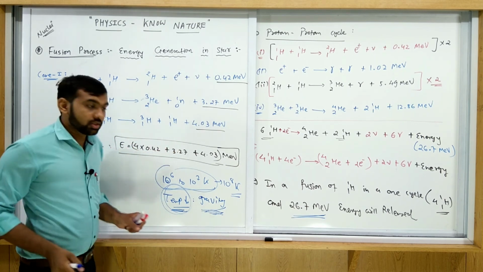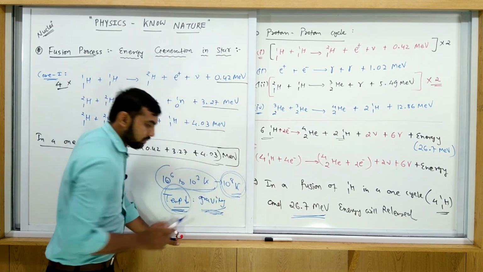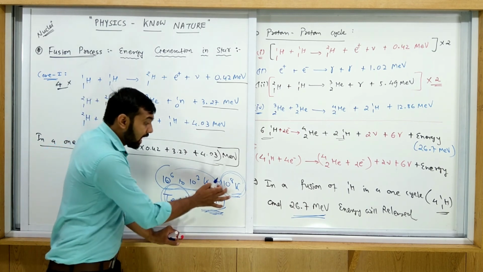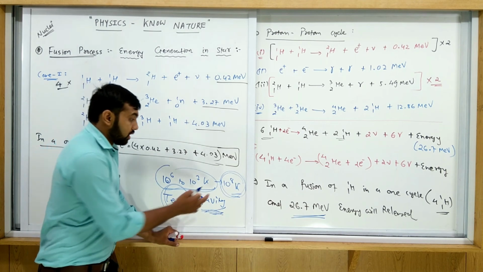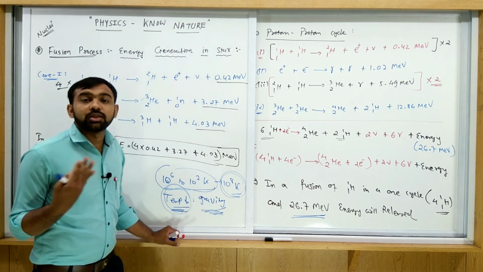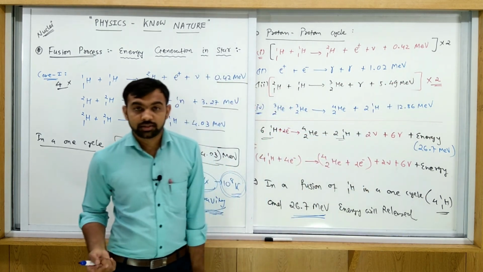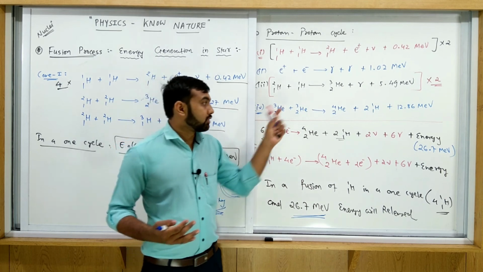Due to this collapse, the temperature again increases up to 10^8 Kelvin, and when this temperature is reached inside the core, the process starts again and helium is converted into carbon. A new process starts.